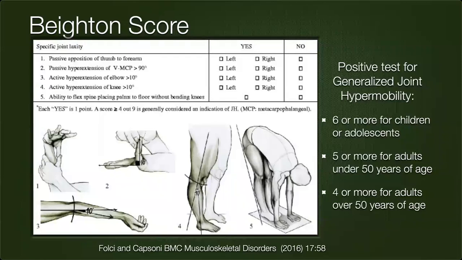When you're in adolescence or a child, 6 or more is a positive general hypermobility score. 5 or more once you're basically through puberty, and 4 or more if you're over the age of 50, due to the fact that often over the age of 50, there have been injuries, there has been some osteoarthritis, there might have been some surgeries, especially with generalized hypermobility.